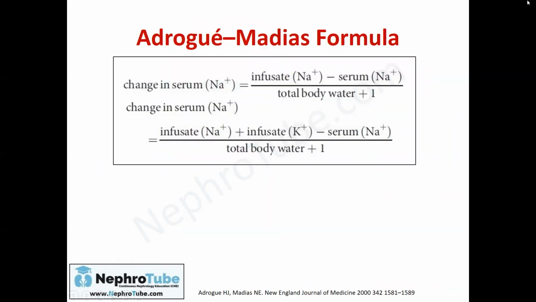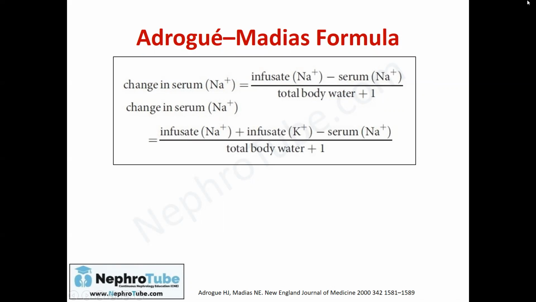The second rule is that you have to know how much 1 liter of the fluid that you give the patient will change the serum sodium. For example, if I give the patient 1 liter of hypertonic saline, how much will his serum sodium increase?